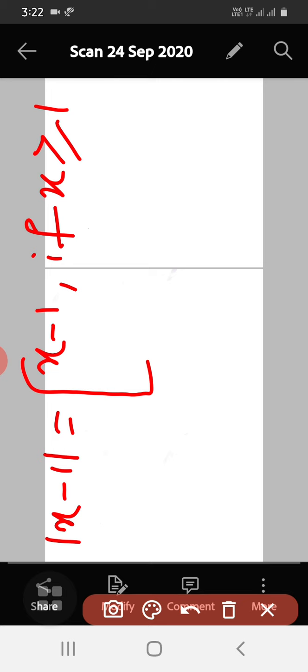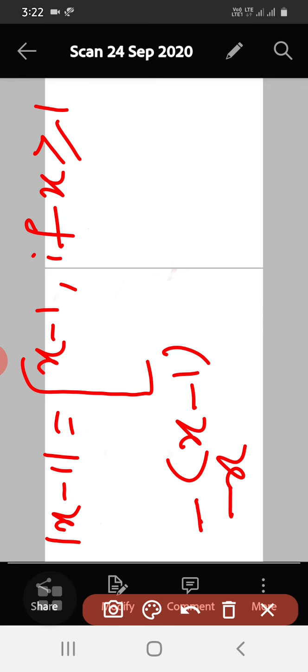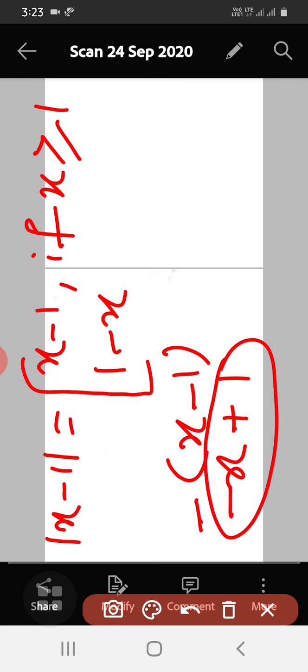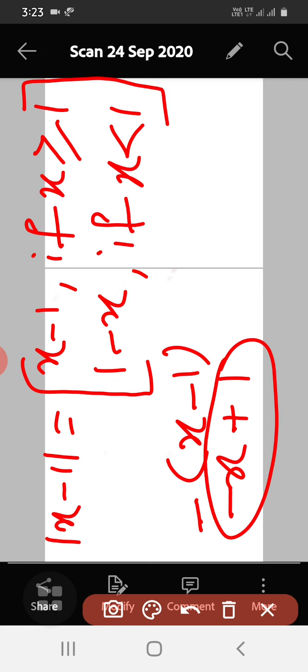So here we get x greater than or equal to 1. Another one is the negative value: one is plus x, another is minus x. Minus x, where x means x minus 1, so minus x plus 1, I will write this as 1 minus x, if x is less than 1. The given function is defined like this. I hope you got the point.